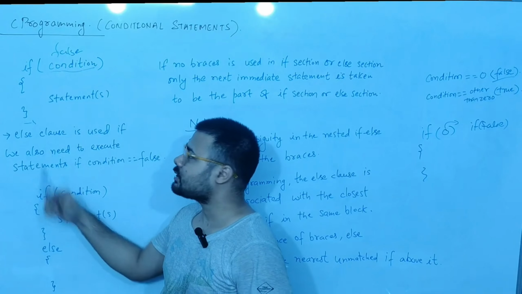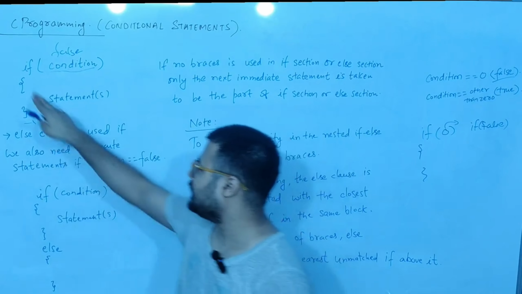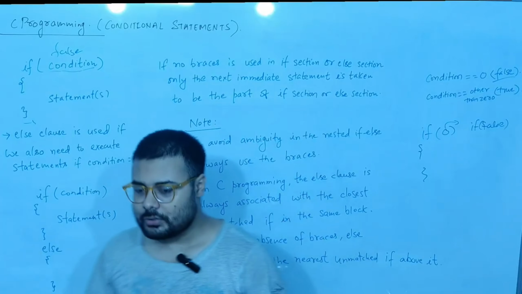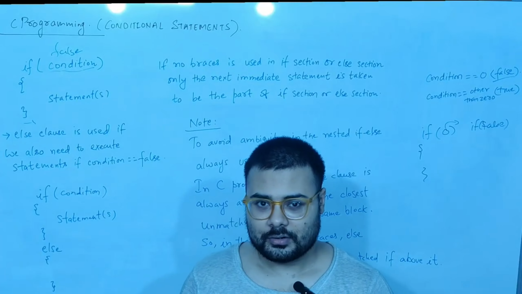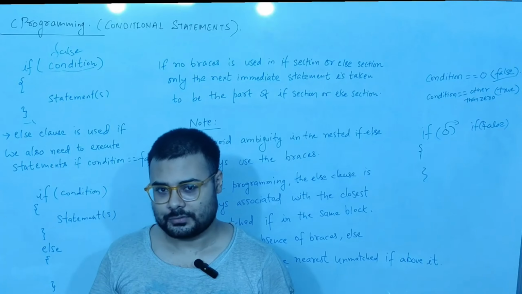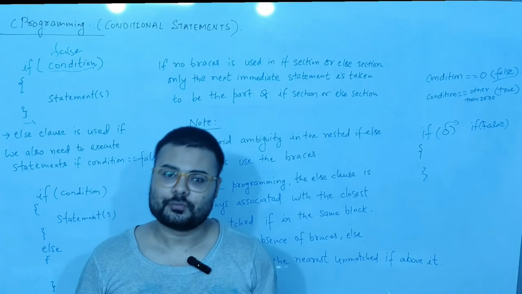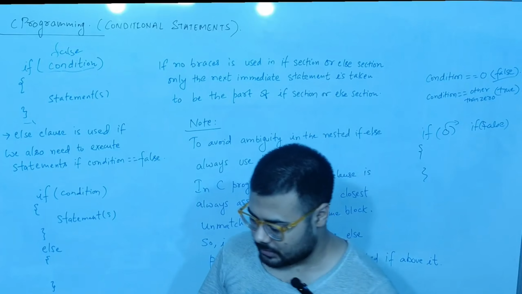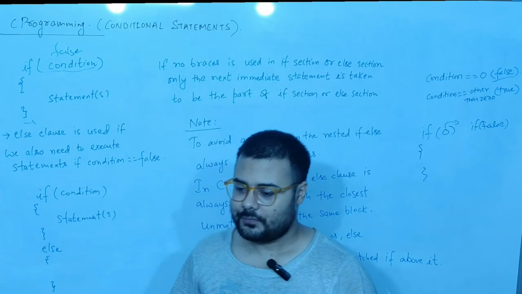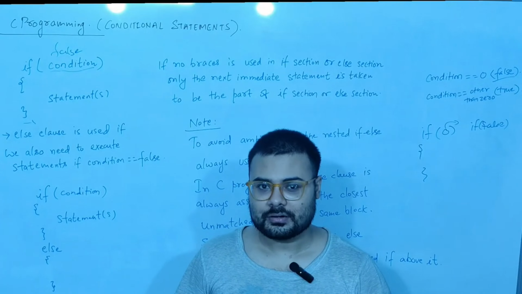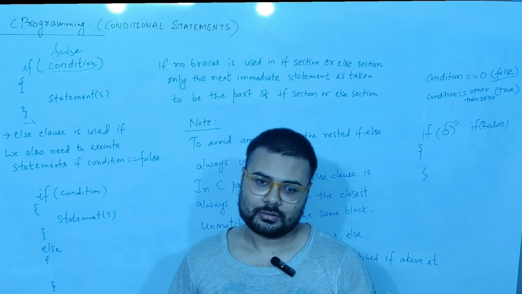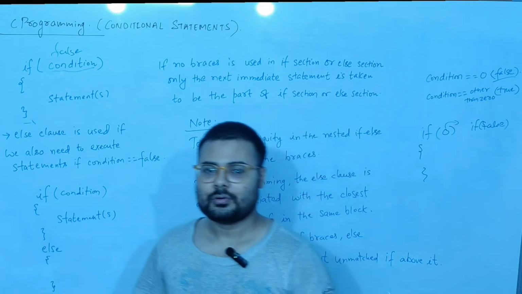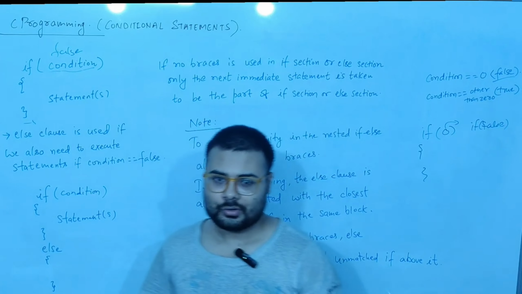And this is your else clause, means sometimes with if you also have else attached to it. When you want to execute some statements if some condition becomes true, but you have another set of statements to be executed if your condition becomes false. For example, if the two numbers are even, you are adding them, and if any of the numbers is not even, then you are going to multiply the two numbers.